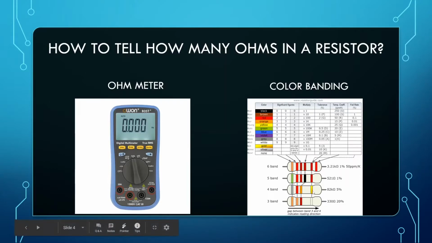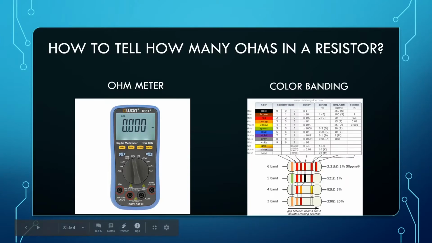Then right here is gold. The one on the last part of the resistor is the tolerance. There are some colors that represent different tolerances. If it's brown, it would be 1% tolerance. If it's red, it would be 2% tolerance.